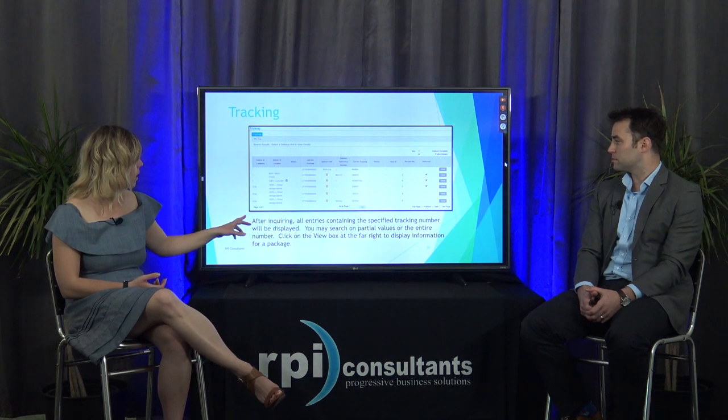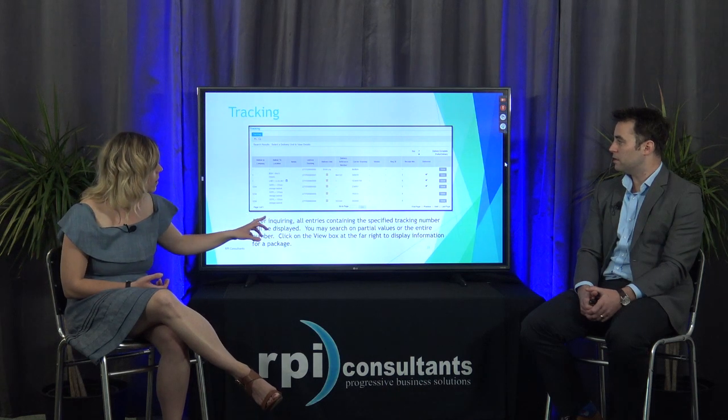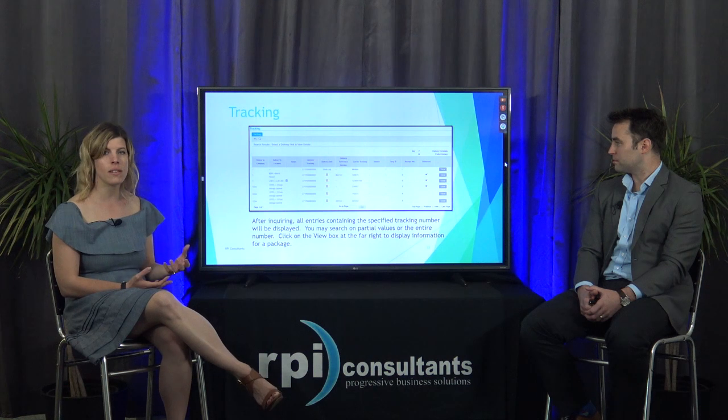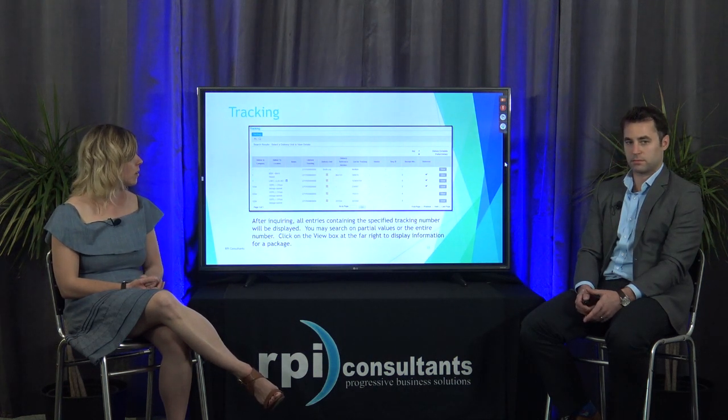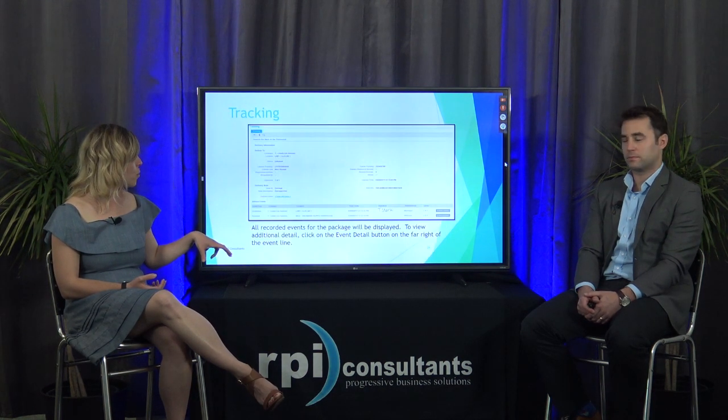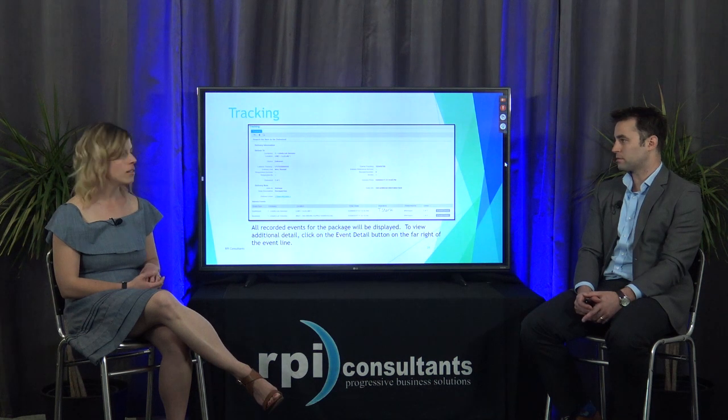Looks like most of these are miscellaneous. And then it will have a check mark next to it if it's actually been delivered to the location. From there, you can select View to find some more detail about that particular delivery.